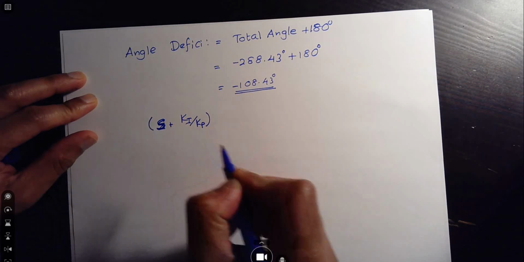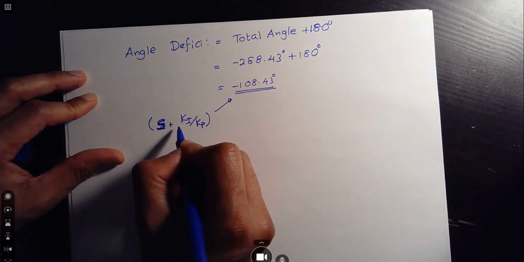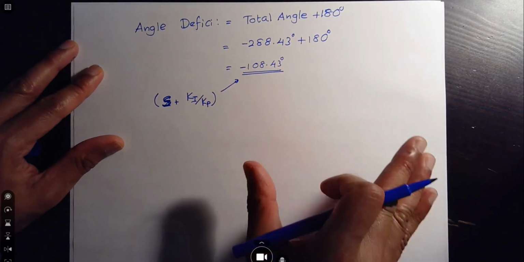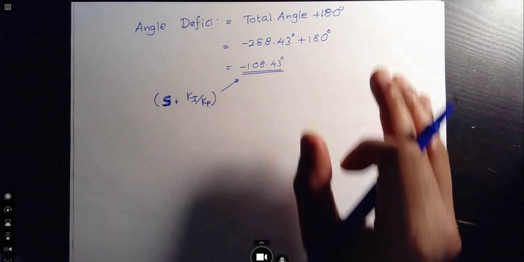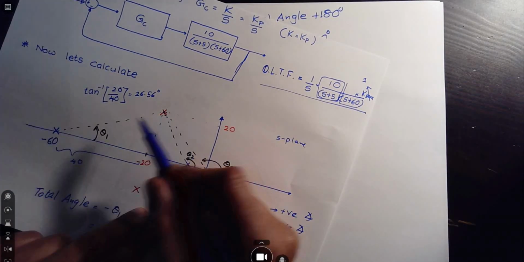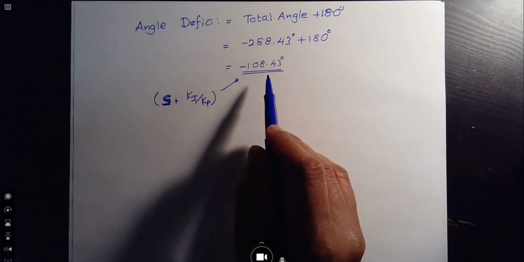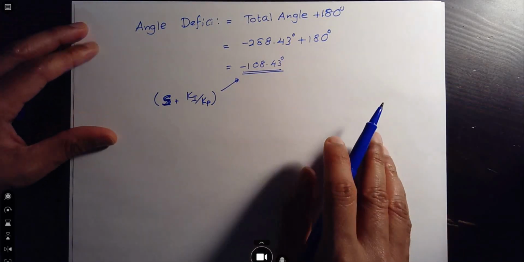If we can add this amount of angle using this zero, now our poles and zeros combined with respect to that desired pole location meet the angle criteria of the root locus, meaning the root locus is going to pass through that point.